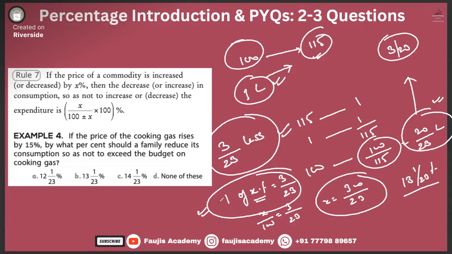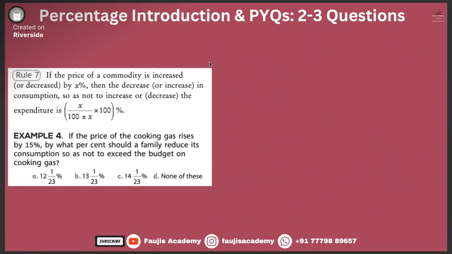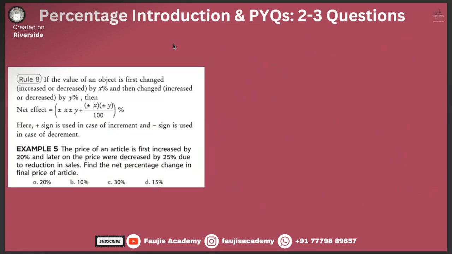This is just a different way of writing the equation. 1 of what percent? 1 of X percent is equal to 3 by 23. We found out the value of X, that is nothing but 13 and 1 by 23. Clear, guys? Let's move on.